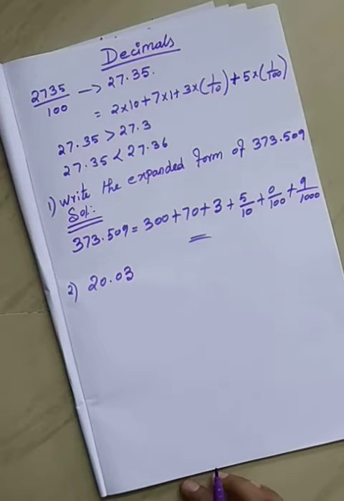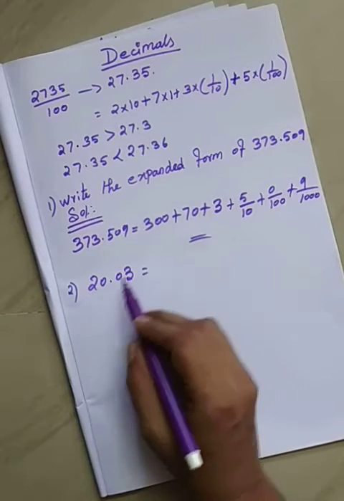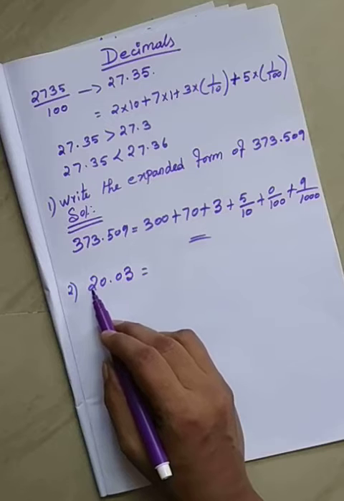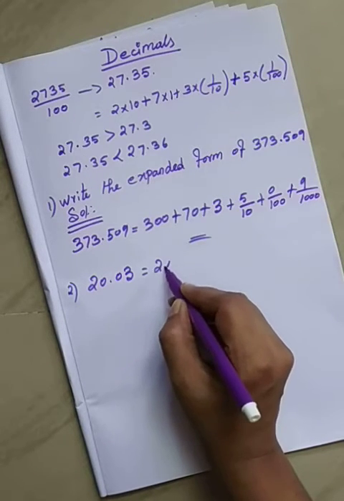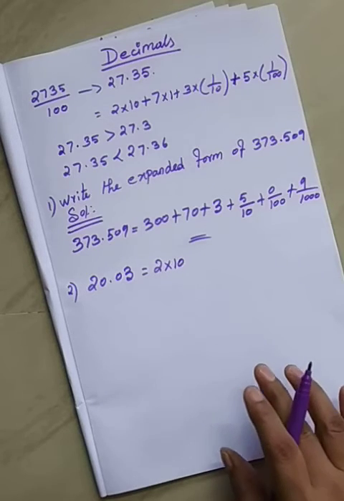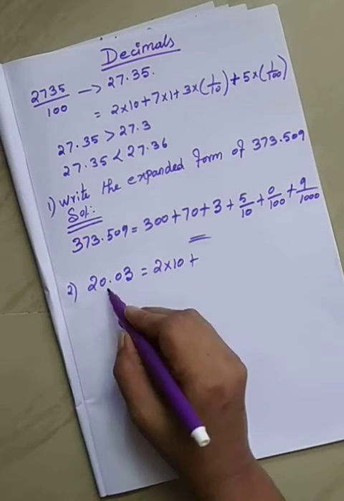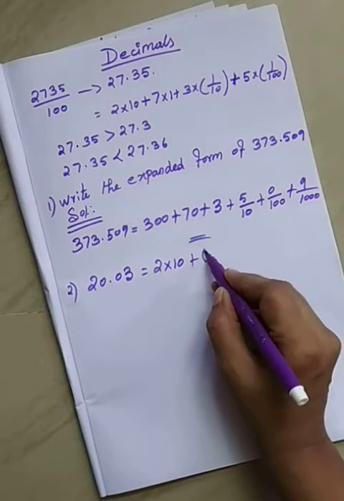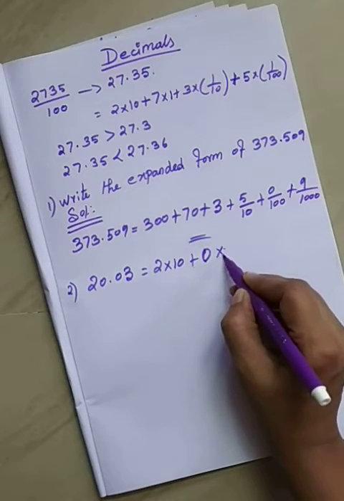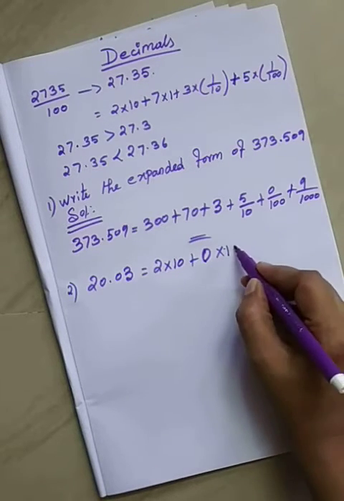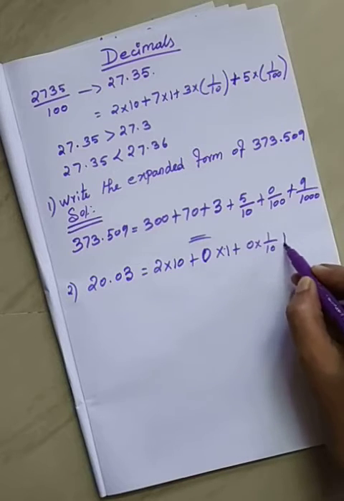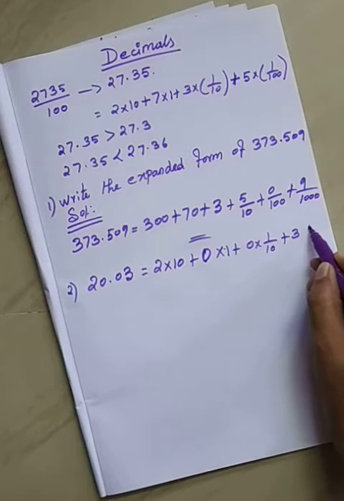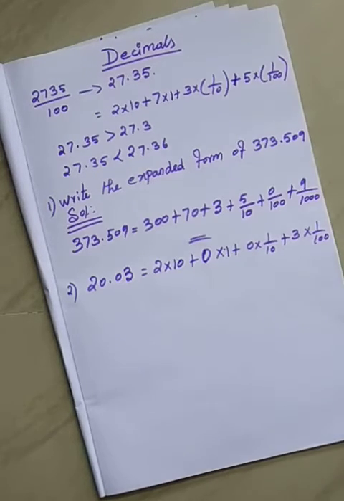See the next one, 20.03. See here, this is the 10th place, so directly you have to write 20, or otherwise 2 into 10. Clear? Plus 0 into 1, plus 0 into 1 by 10, plus 3 into 1 by 100.